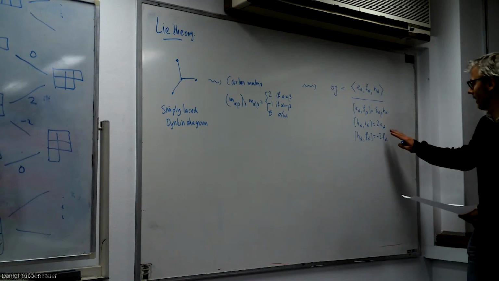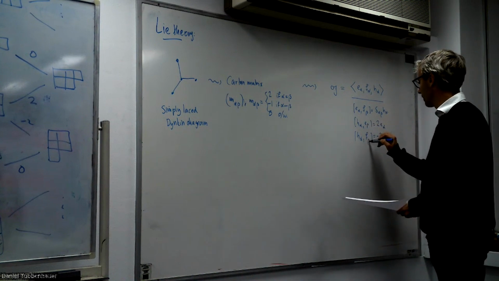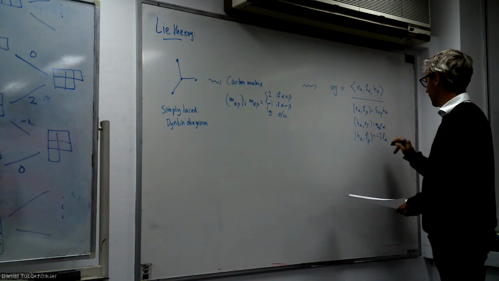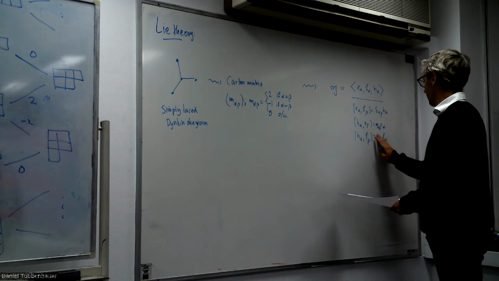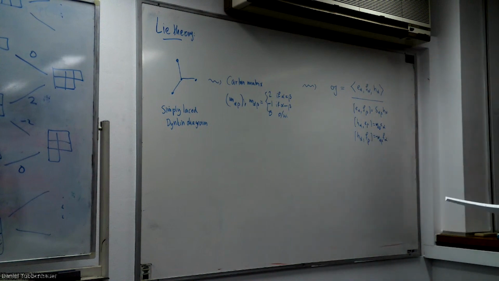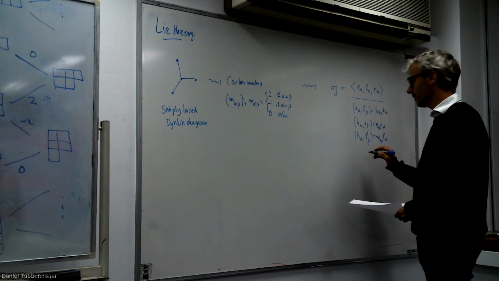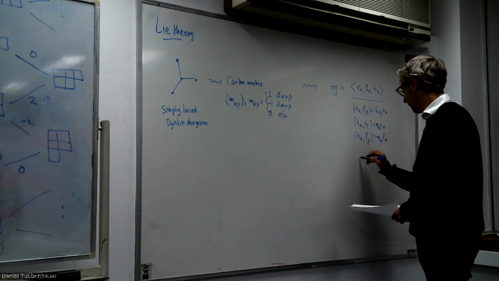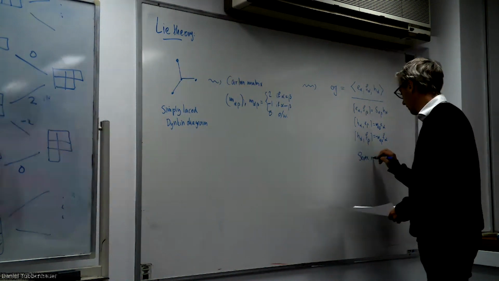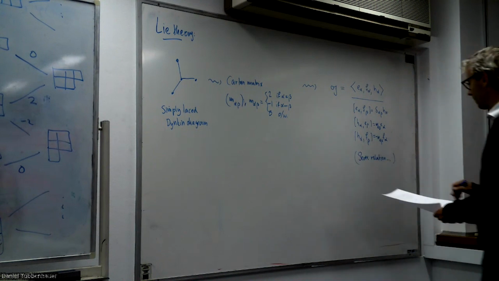And so here I should write that the commutator of H alpha and E beta is M alpha beta E beta, and for F it's minus M alpha beta. And then there's one more relation, the Serre relation. I don't quite remember it at the moment.